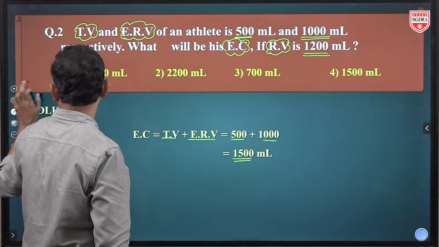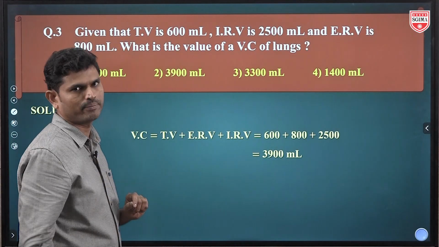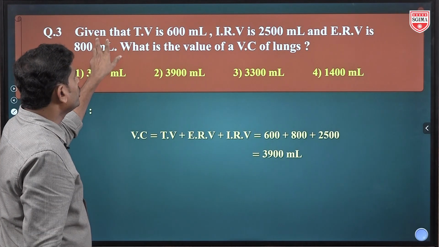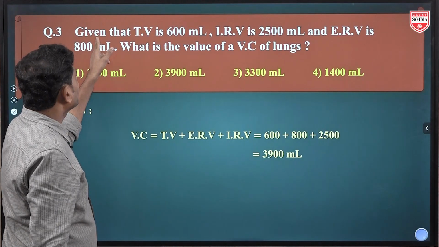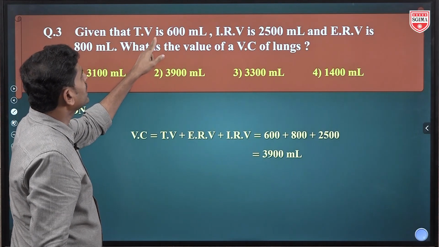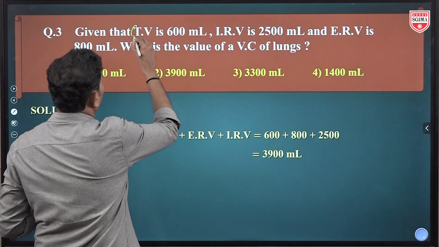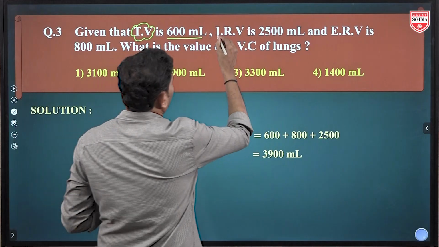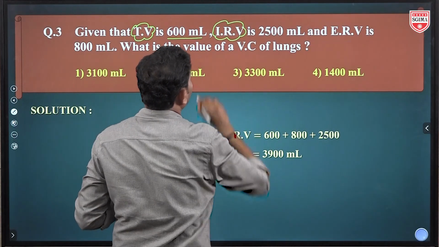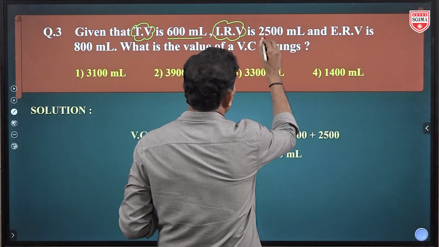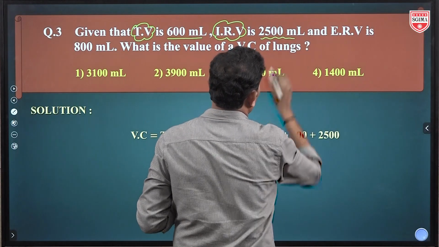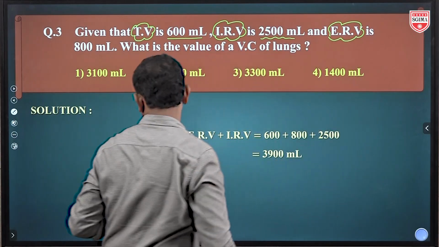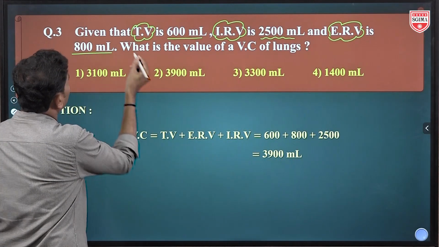Next, the last numerical problem. The third one: in the question they have given that tidal volume TV is 600 ml, IRV is 2500 ml, and ERV is 800 ml.